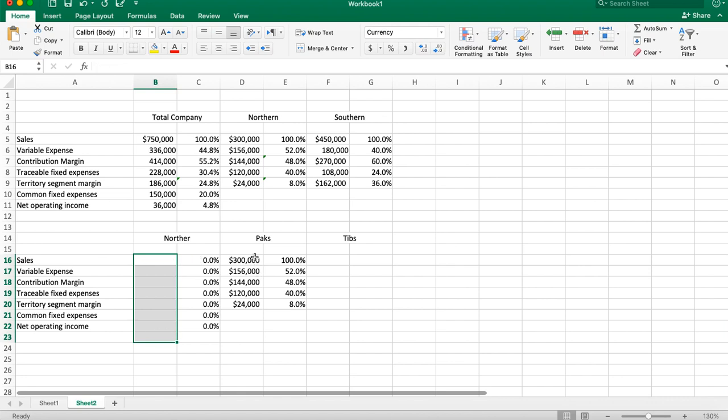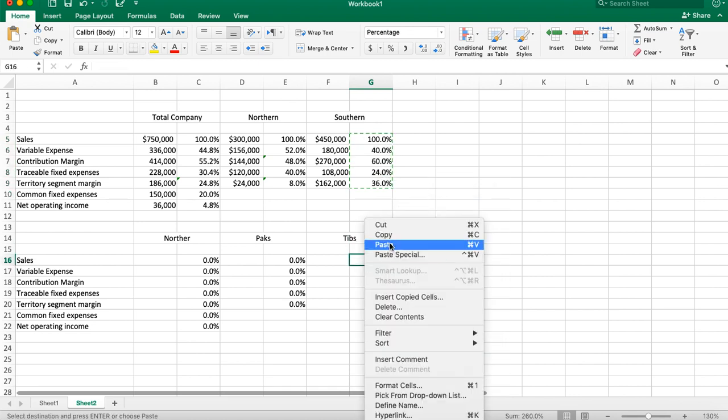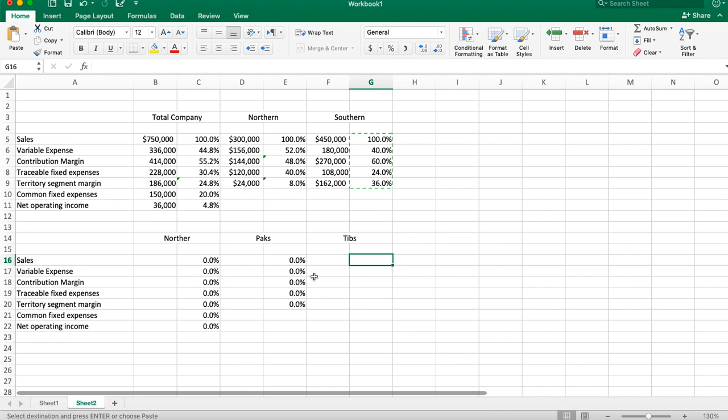Let me just go ahead and get rid of all these. I can at least use my percentages. I can also copy those formulas down. Oh wait, no I can't because I've got an absolute in there. So anyway, let's go back up here.